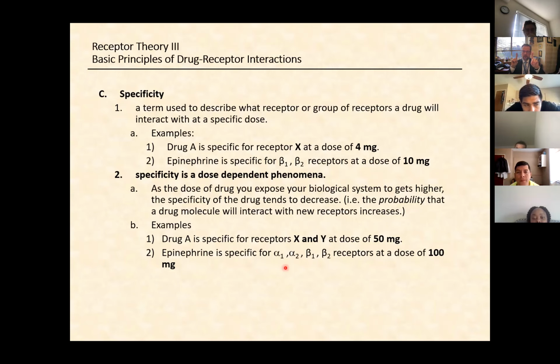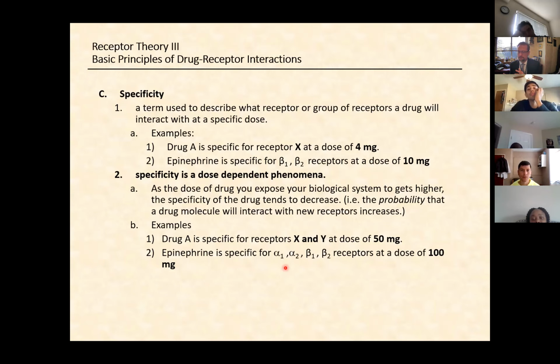It's non-selective for our adrenergic receptors, we say. That's the term that we use at 100 milligrams. What's its specificity at 100 milligrams? Alpha 1, alpha 2, beta 1, and beta 2. Absolutely. So at 100 milligrams, epinephrine is specific for alpha 1, alpha 2, beta 1, and beta 2. So when we bump the dose of a drug up, we tend to lose selectivity and we lose specificity.